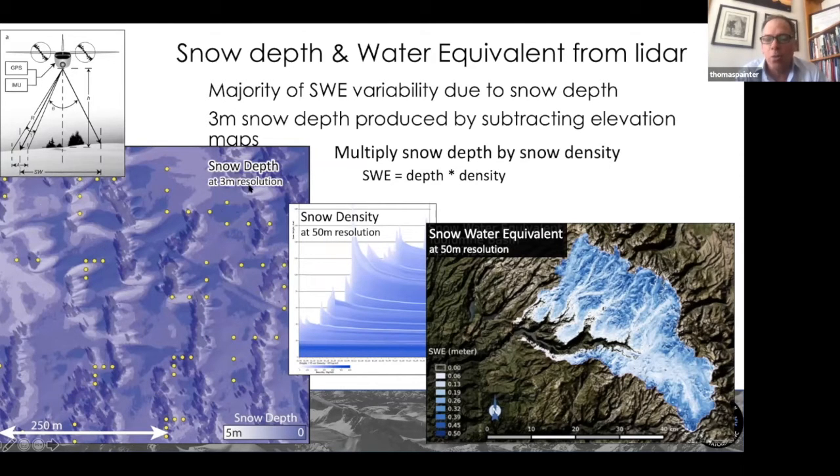We start at a 3-meter resolution, and then we coarsen that up to 50-meter resolution, which is where we multiply by the density field from the iSnobal model from the USDA Ag Research Service that we've been working with from the beginning. And that ultimately gives us this spatial distribution of snow water equivalent at 50-meter resolution.